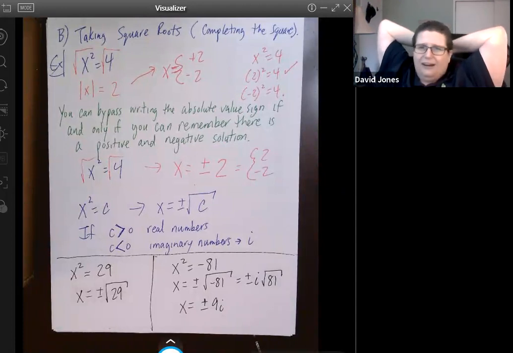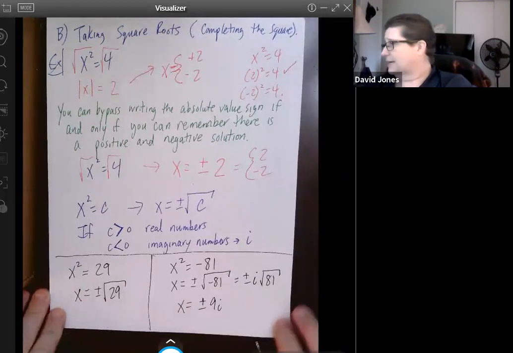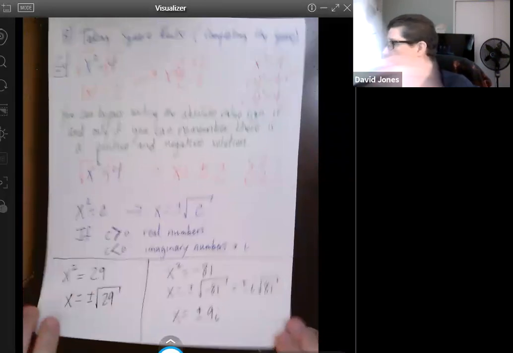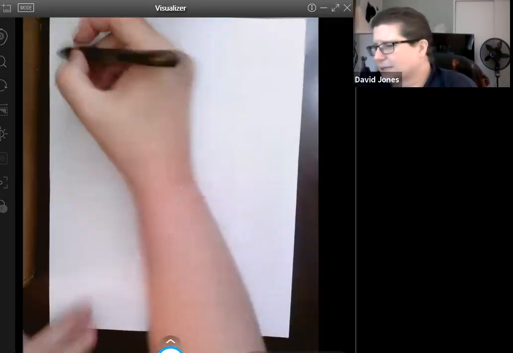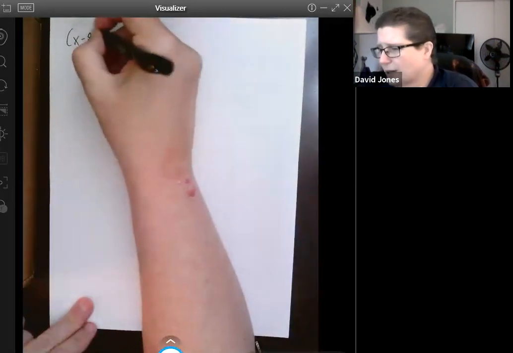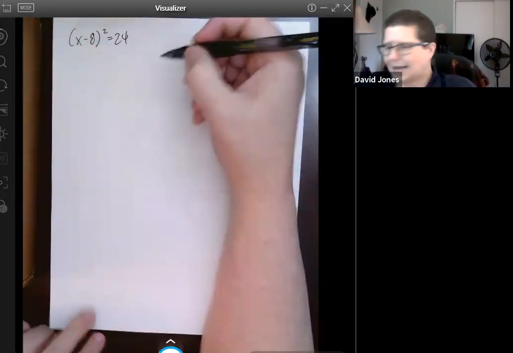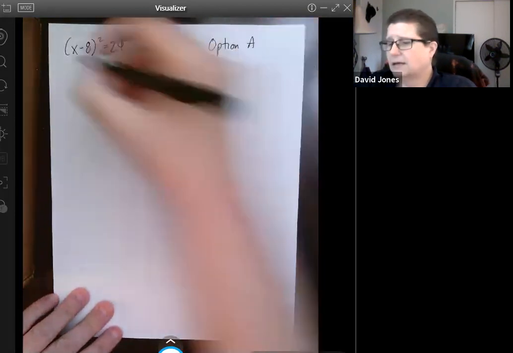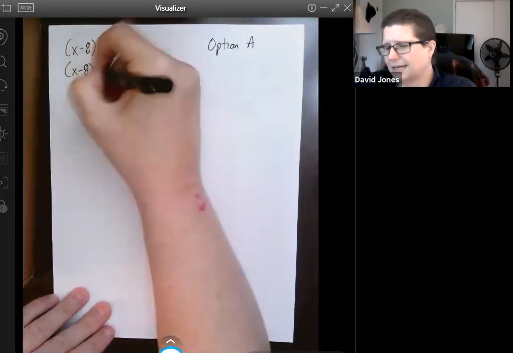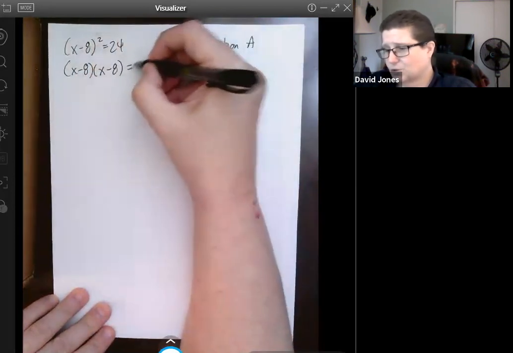This can be very helpful in other ways as well. So let me show the next example. If I had something like x minus 8 squared equals 24, I could, option A, write this as x minus 8 times x minus 8 equals 24.